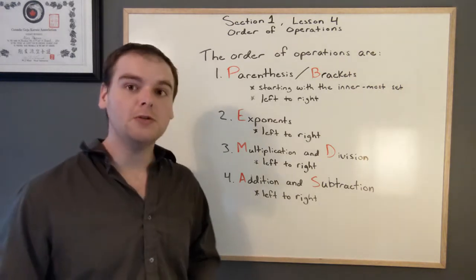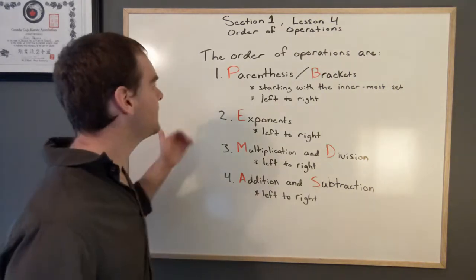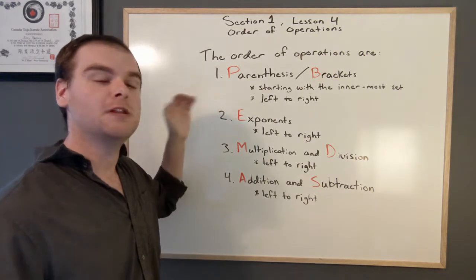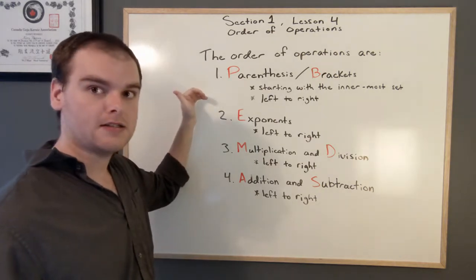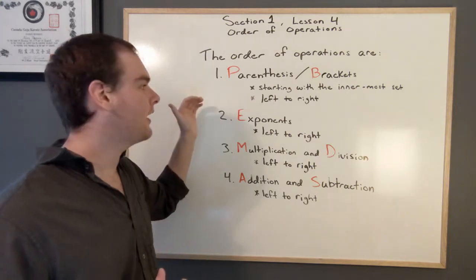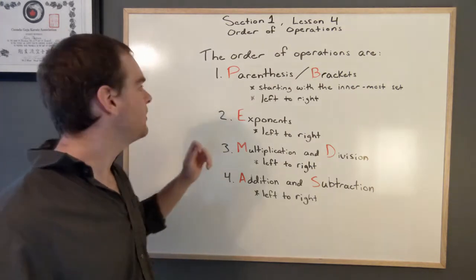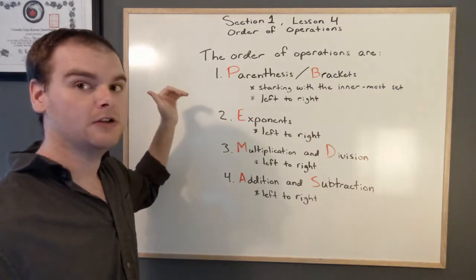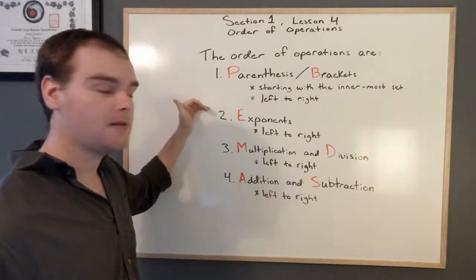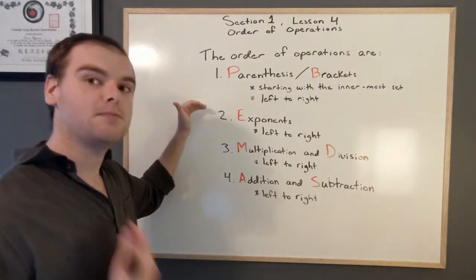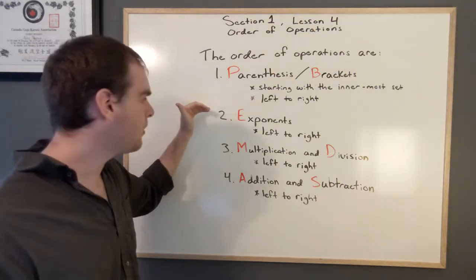So what you will do when you encounter a problem is you first will say, are there any brackets? If there is, you go to the leftmost bracket, you go to the most nested one inside that bracket, and you evaluate that expression starting at the top of the list. Because we're already at the innermost bracket, we skip to the second step, and we would then ask ourselves, are there any exponents? If there are, we evaluate the exponent.